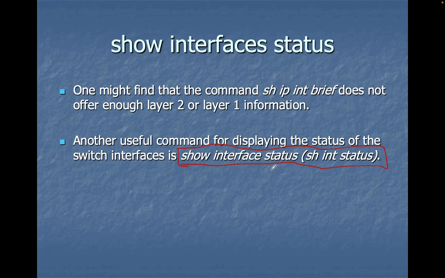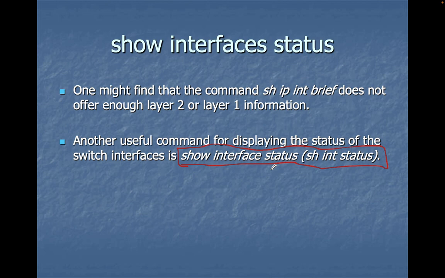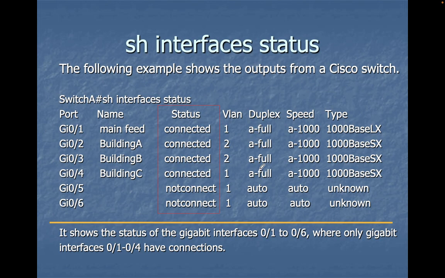Show interface status. When we type this, remember, you must say what your switch is. You write Switch A, hashtag, show interface status.